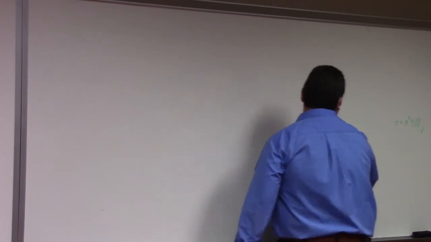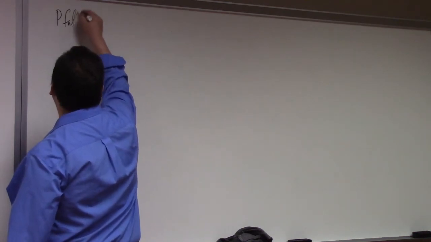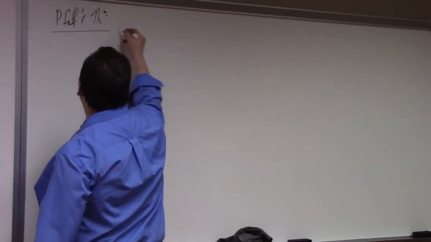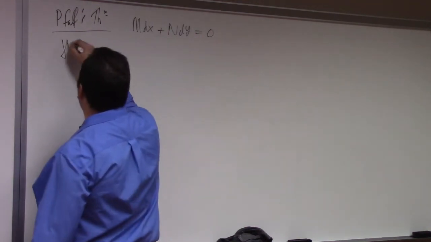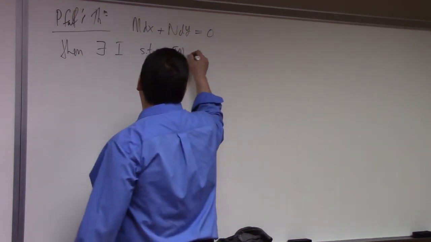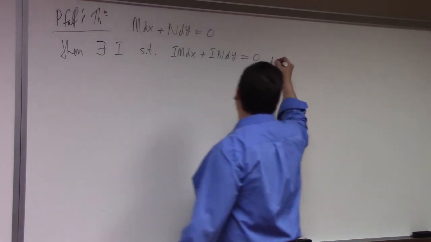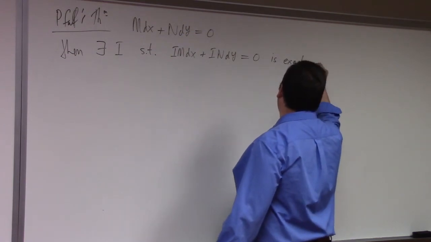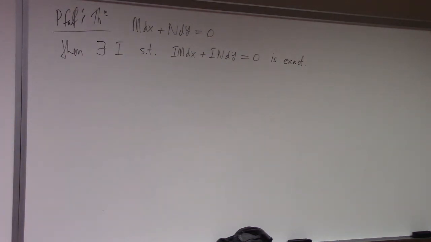There is some fine print on this theorem, but essentially Pfaff's theorem says, if you have m dx plus n dy equals 0, then there exists I such that I m dx plus I n dy equals 0 is exact. So what it says is that while your given differential equation, like this one, is not exact, you can find some function I that when you multiply the differential equation by it, it turns it into an exact equation.